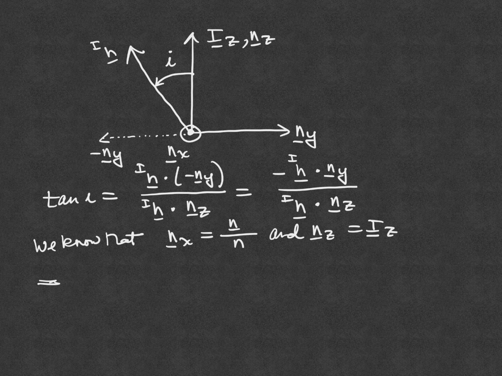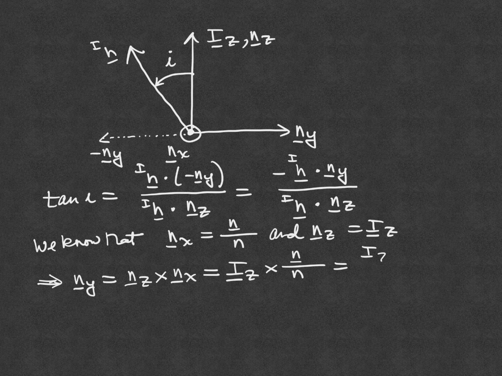As a result, we can compute ny. ny is equal to nz crossed with nx, which is iz crossed with n divided by its magnitude, where, again, n in magnitude is equal to the magnitude of the line of nodes.